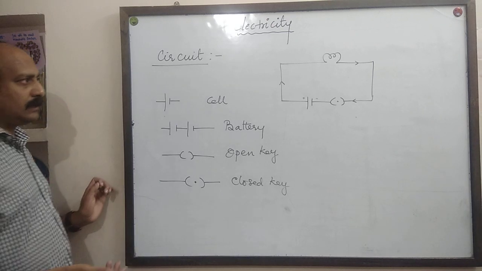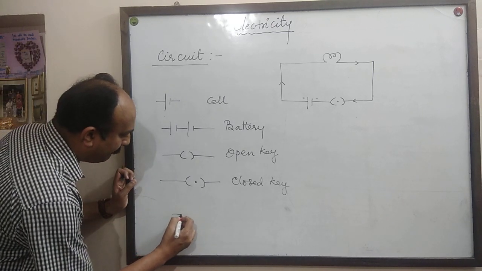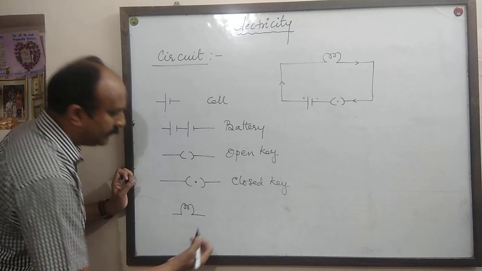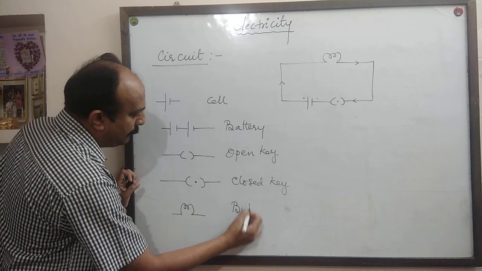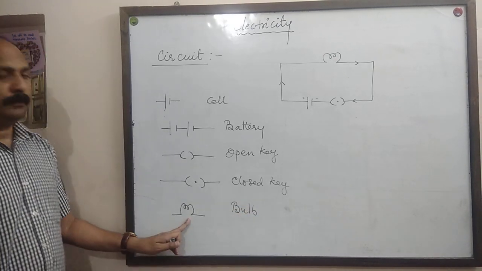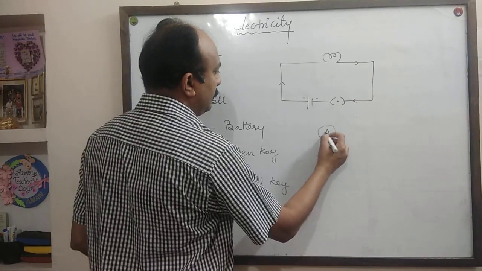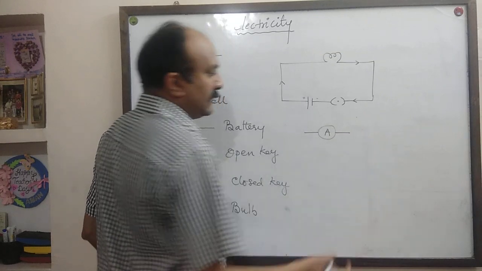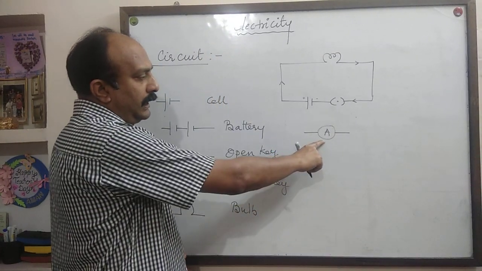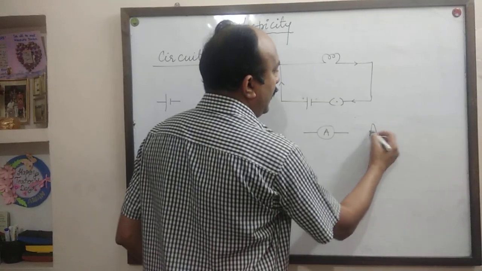Another symbol that is commonly used, this is used for bulb. Now the other symbols are, a circle and a capital A inside represent an ammeter.